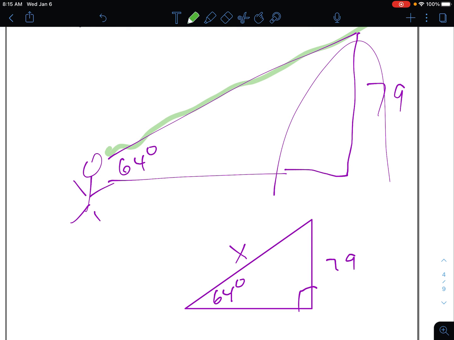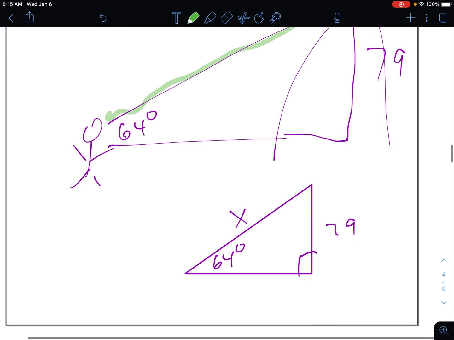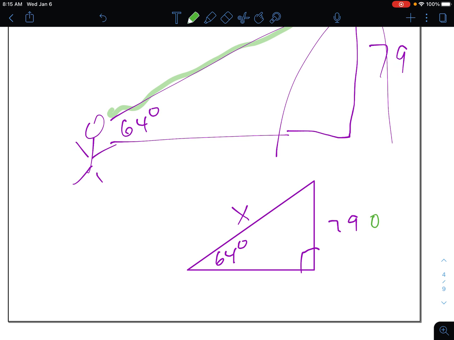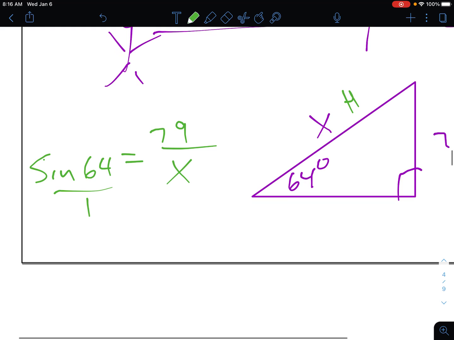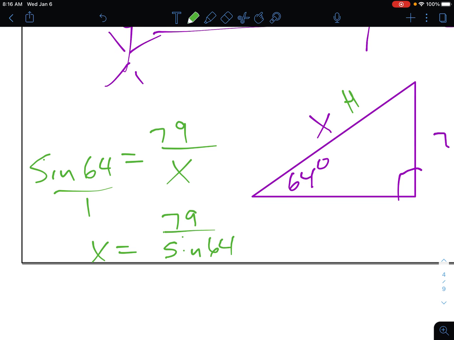The only thing that's different is you have to now come up with that on your own. So this is opposite and hypotenuse, so we're going to use sine. The sine of 64 is equal to 79 over the hypotenuse, which is x. Cross multiply and divide. x is going to equal 79 divided by the sine of 64.